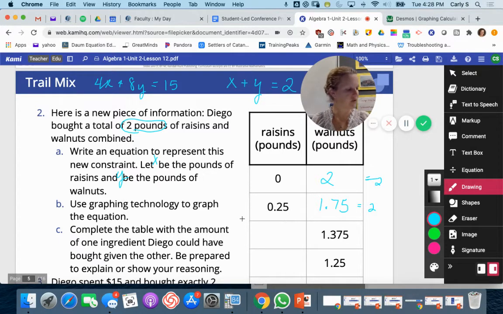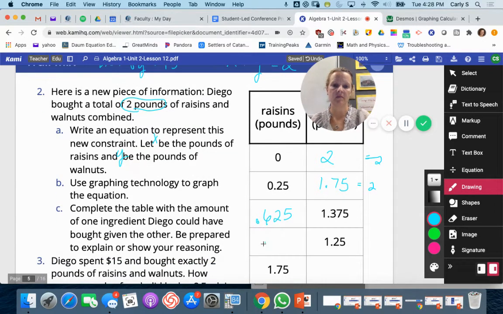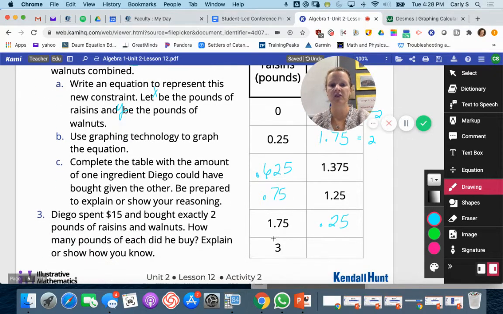All right, 2 minus 1.375 is 0.625, 0.75, 0.25. I'm just making sure everything sums to 2.